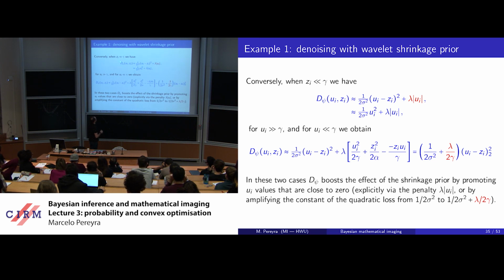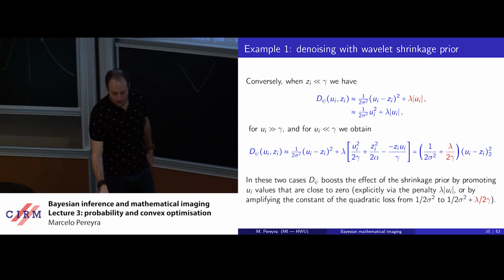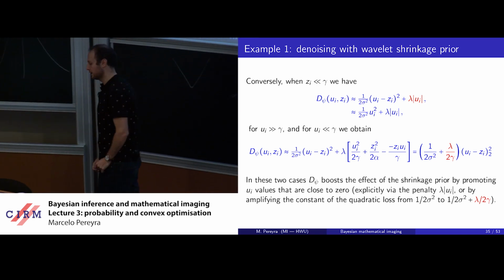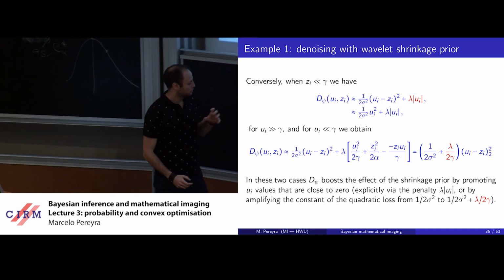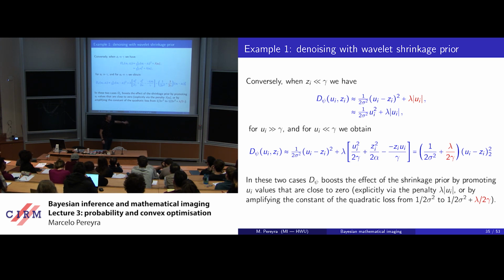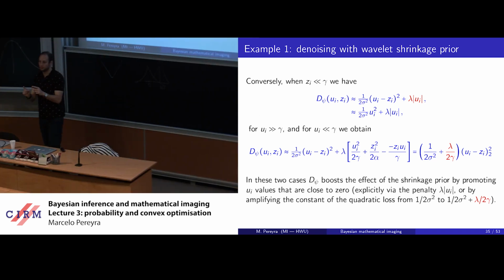And this is in the case where u is large, and when u is small, you also have extra shrinkage in the form of amplifying the convexity constant of the model. So leaving the mathematical details aside, the message is that when your model likes values of z that are fairly large, then it will just go for the average value of the posterior when you compute the MAP estimator.